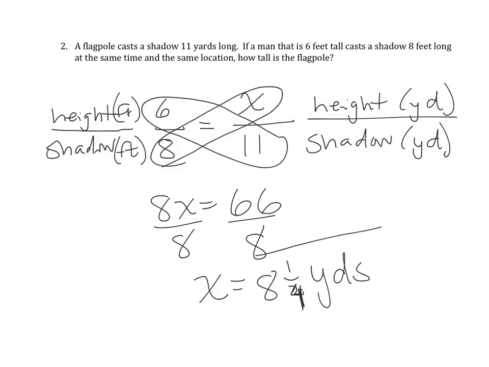All right? Now that's not the only way you could do it. If you wanted to set up one side of your proportion to be height and the other side of your proportion to be shadow, you could do that as well. Let me just show you that real fast. On one side of my proportion, my left side, is going to be height.